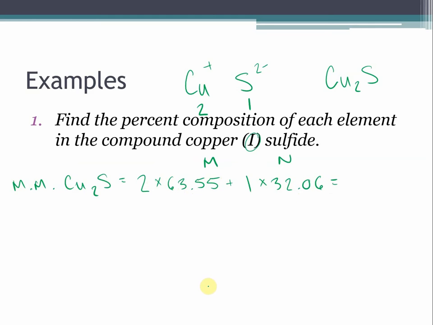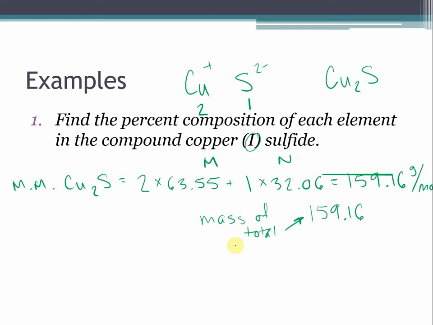When you add those together, you should get 159.16 grams per mole. And since we're assuming 1 mole of a compound, we can really just say this is 159.16. So this is the mass of the total, the mass of the whole thing.